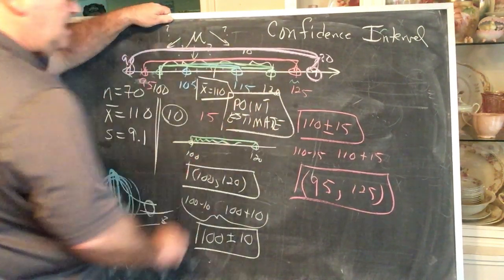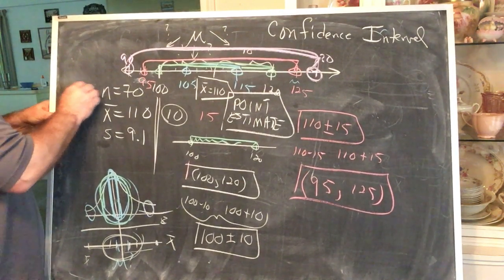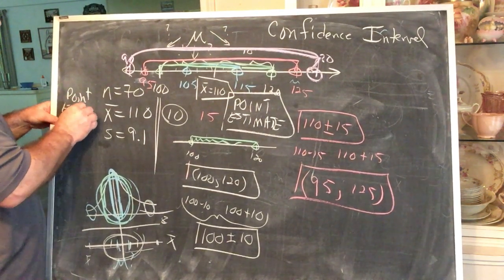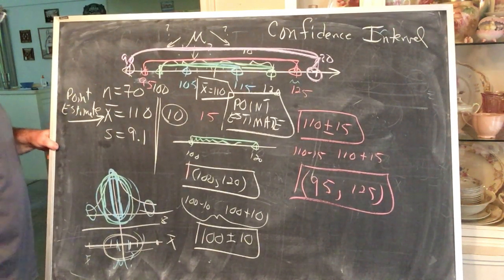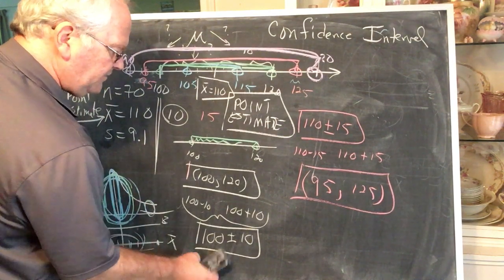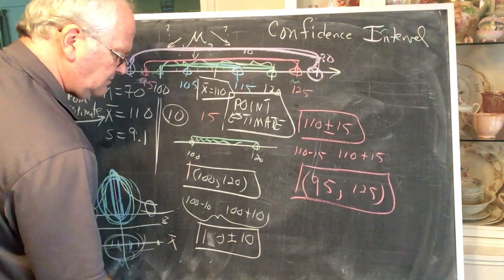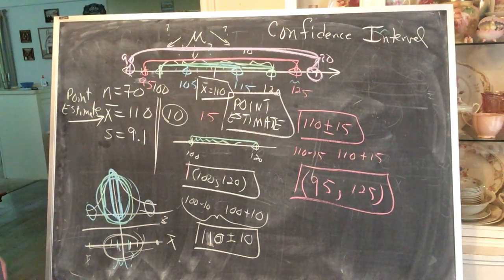The point estimate is X bar. In this case, 100, oops, I've written this incorrectly. This is 110. 110 is the point estimate.